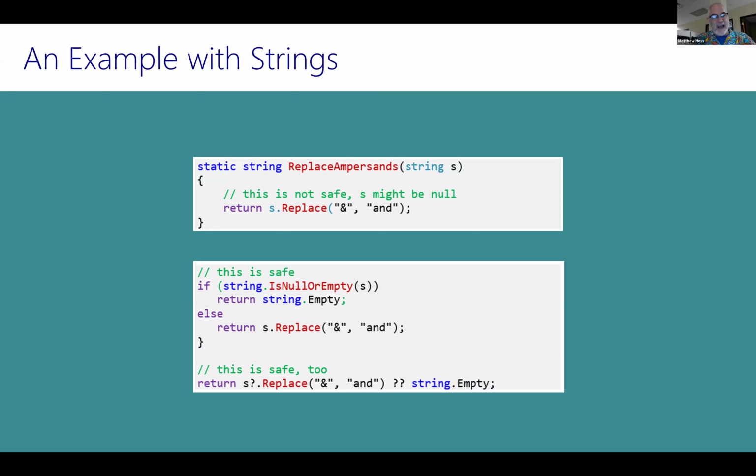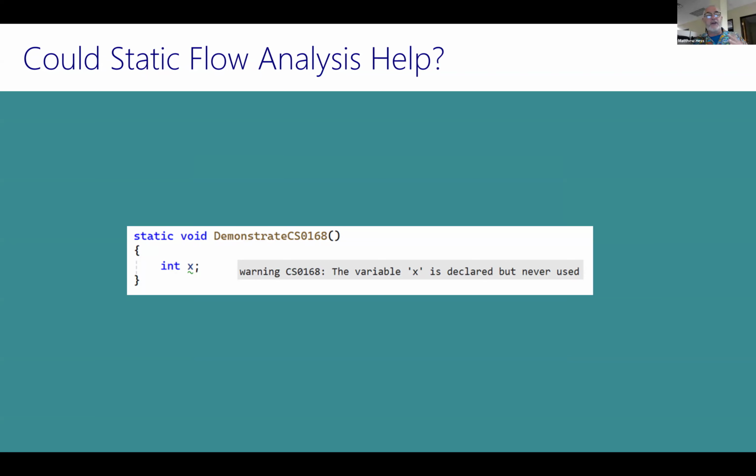And we have compiler warnings all over the place. So how is this done? This is done using what is called static flow analysis, which is basically analyzing the code without compiling and running it, right? It's static. So the static flow analysis reads through your code, it understands a lot about your code, and it can flag things.